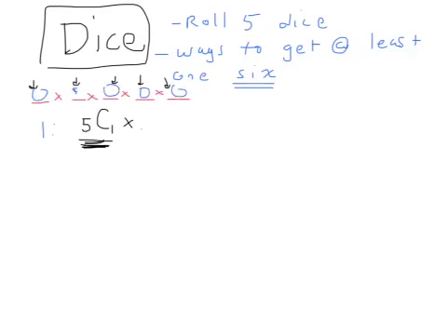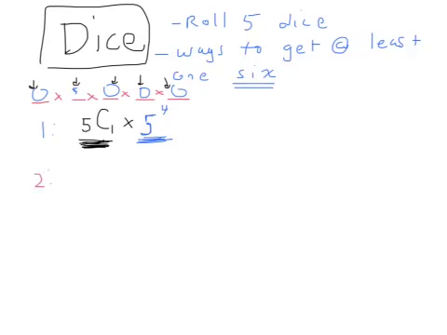There are 4 spots left, and for each one of those spots there are 5 ways to get a non-six, so we're going to have 5 to the 4th. The blue is guaranteeing that I'm filling all the other spots with non-sixes, and the black is saying here are all the different ways that I could take 5 spots and put a six somewhere.